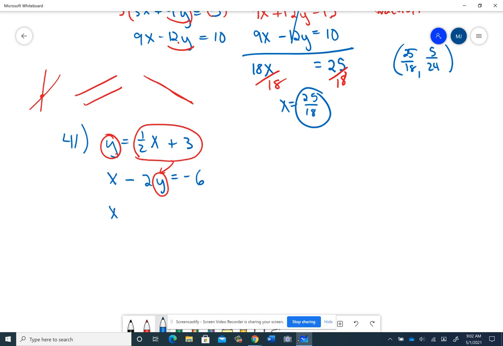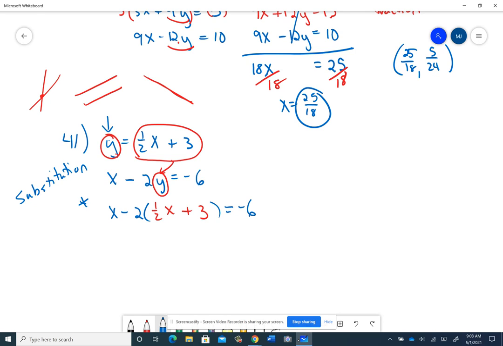So I would get x minus 2 times the quantity 1/2 x plus 3, and then that would equal the -6. Okay. And see, right here, that's the substitution step. I chose to use that because the y was by itself right here.